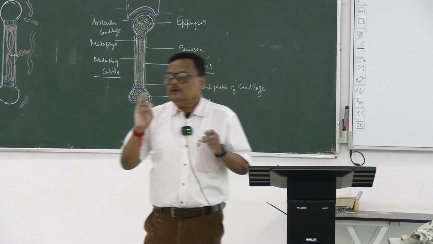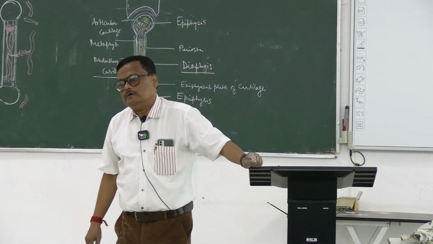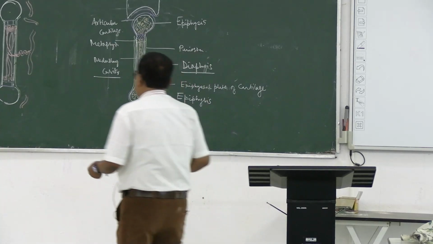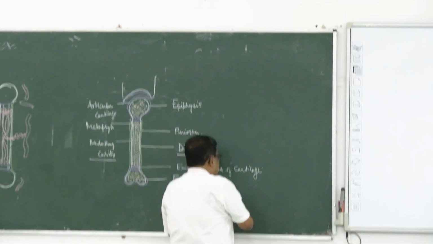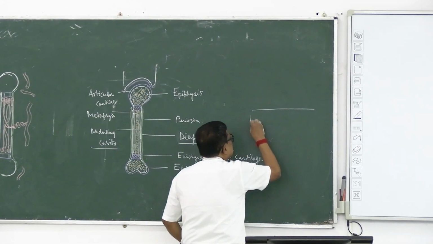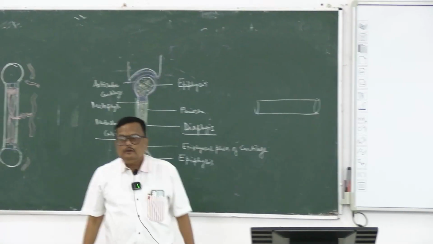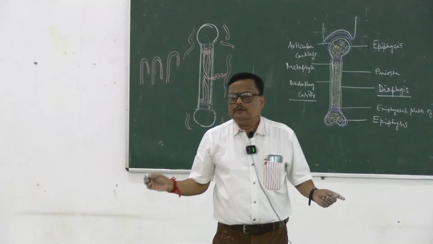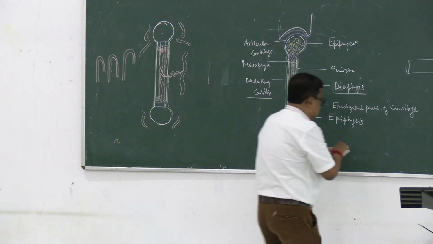Now we learned a new term, end artery. What is an end artery? Suppose it is a tissue, a part of the intestine, a part of the stomach, a part of the heart, whatever it may be, part of the liver, kidney.